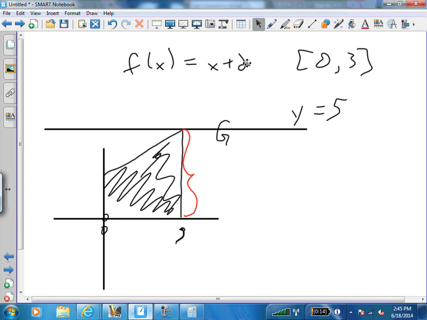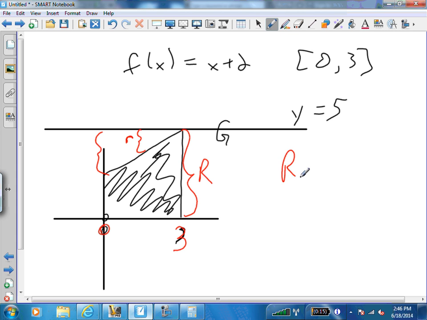Our outer radius is here. Our inner radius is this distance. Does that distance change? If we're going from 0 to 3, is this distance the same here as it is here? No.